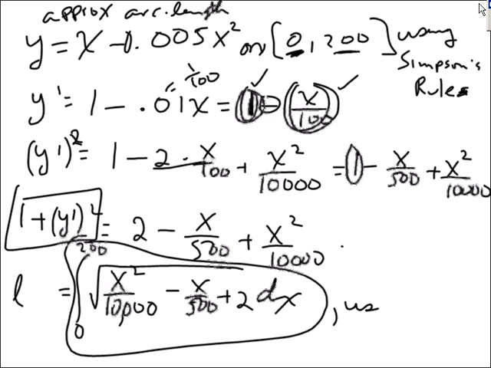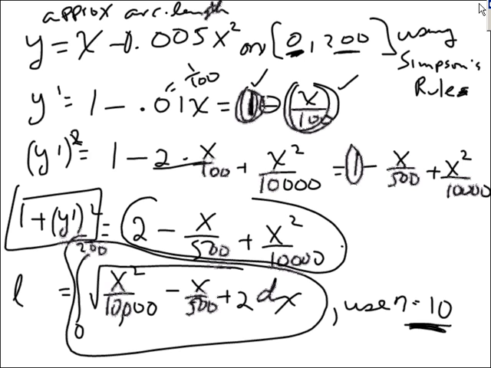And you probably should use n equals, I don't know, 50. N equals 10 would be good. Okay, so whenever this is not a perfect square, you're going to have to approximate. It's not always going to work out to be a nice, clean problem. So when it's not a perfect square, you use a trapezoidal rule, you use Simpson's rule, you use some kind of approximation rule.